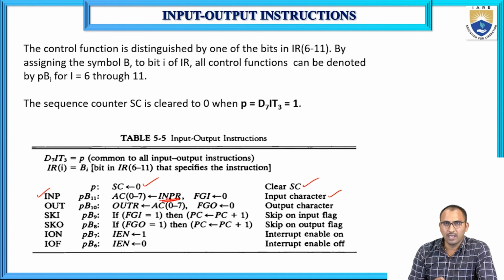From the input register, we give it to the accumulator. But the accumulator is 16 bits, while the input register is an 8-bit register. So the 8 bits of the input register are sent to the lower byte of the accumulator, that is, accumulator bits 0 to 7. So we are copying the input register data into the lower byte of the accumulator. That is called INP.